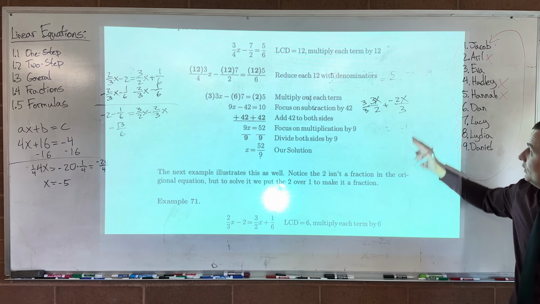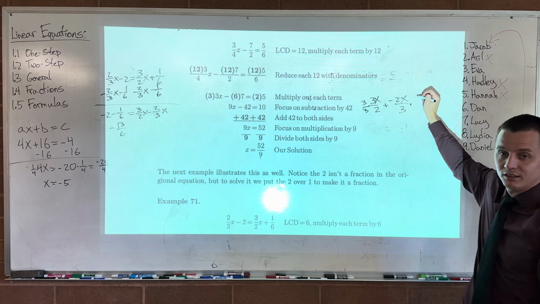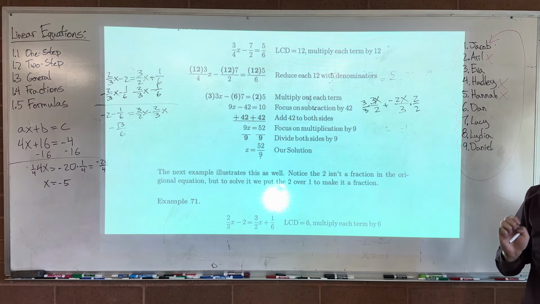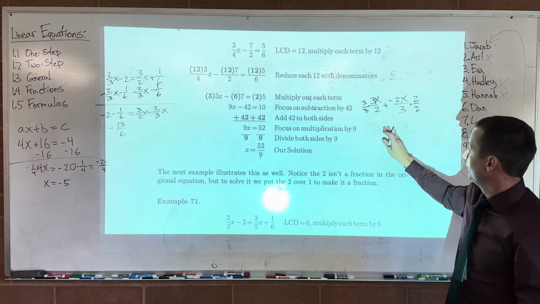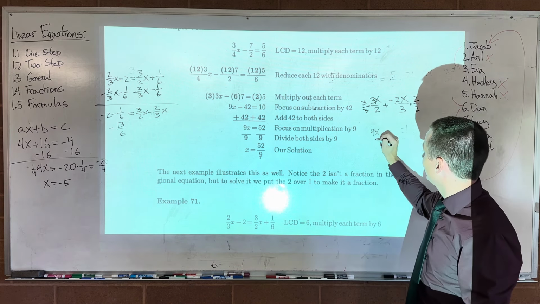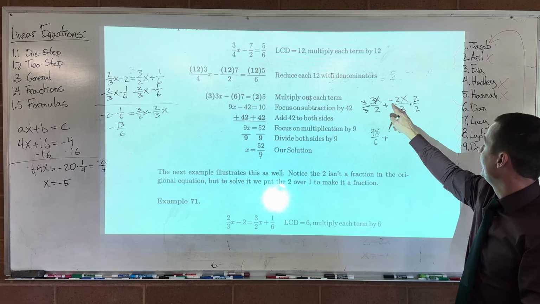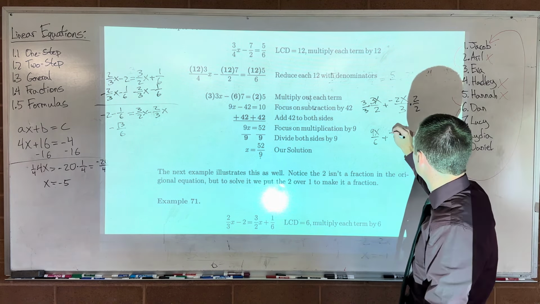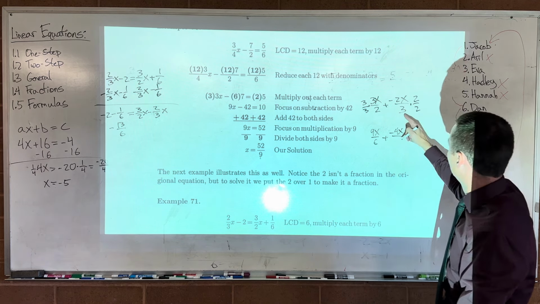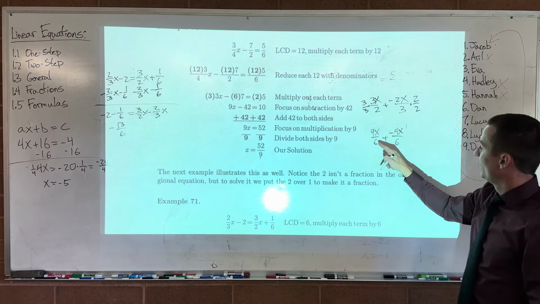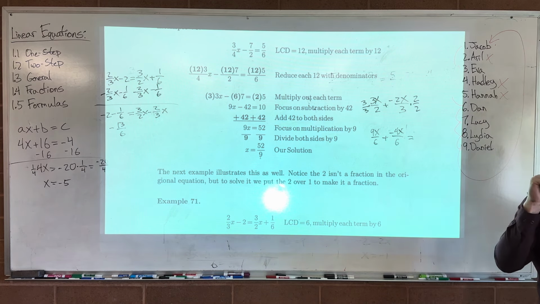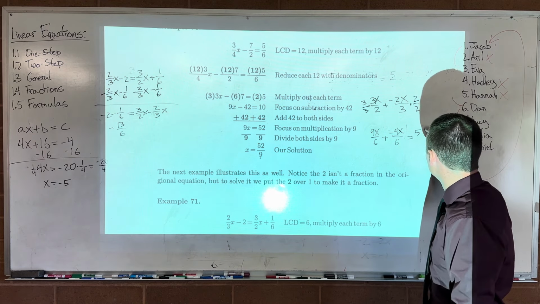And we're going to multiply this by 2 over 2. 3 times 3x is 9x over 6, plus negative 2x times 2 is negative 4x over 6. 9x over 6 minus 4x over 6 leaves me 5x over 6. There it is.